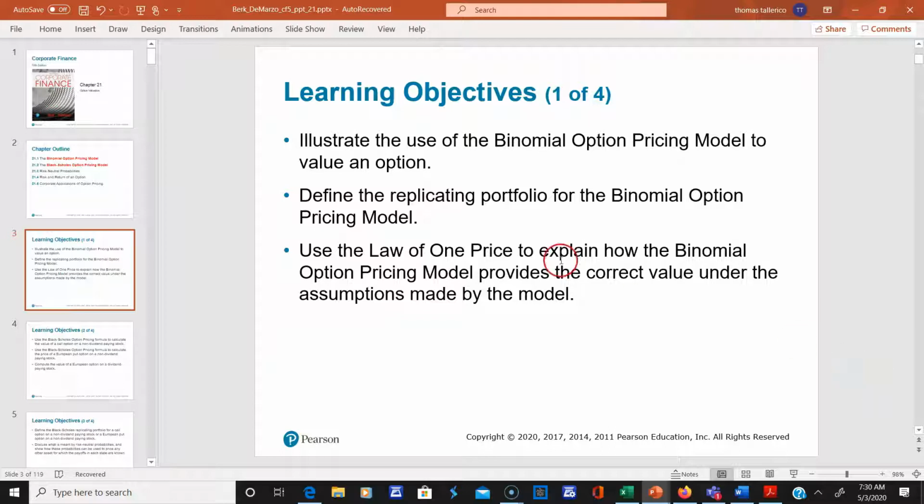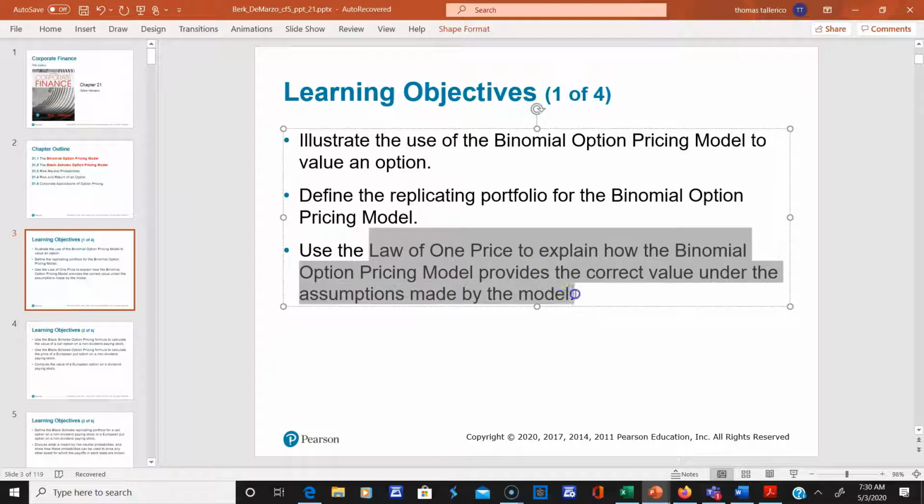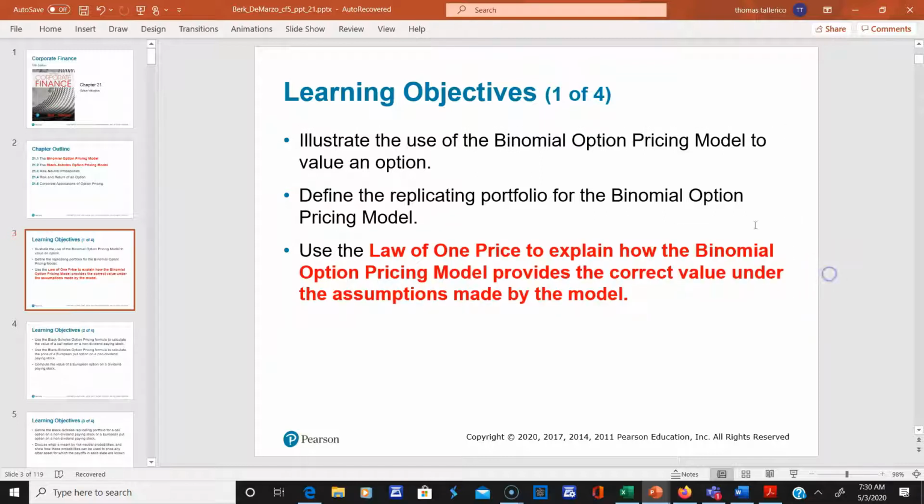Okay, so here's the whole idea. The law of one price is used to explain how the binomial option pricing model provides the correct value under the assumptions made by the model. So remember, the law of one price tells you what? That no matter what model you use, an option or any asset has only one price. So you can't have different prices for different models, all right?